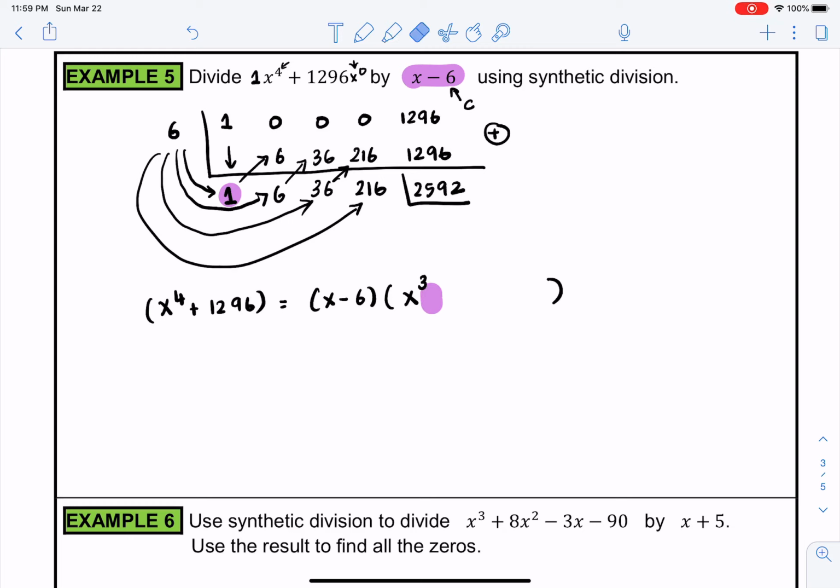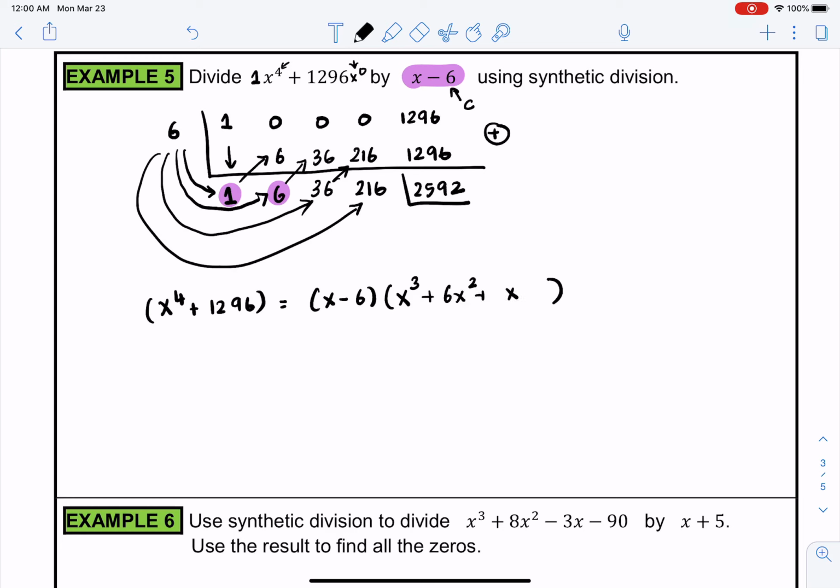Then we have x squared. The coefficient of x squared is 6. The next term is x.